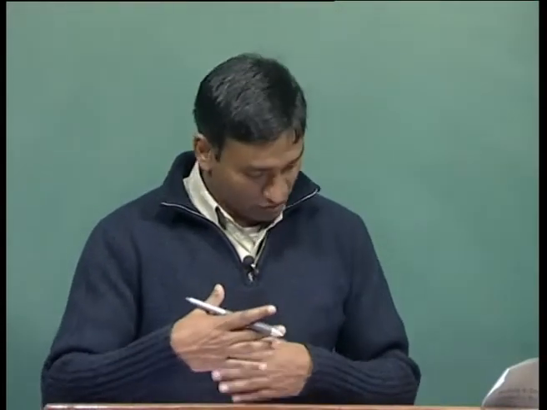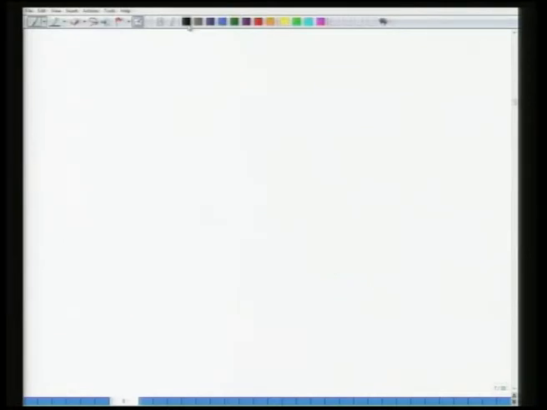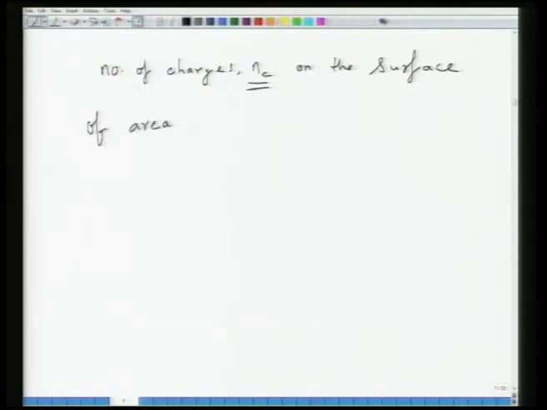Now, we will calculate this polarization on the surface. The number of charges, NC, let us define it, on the surface of area A, what will it be?